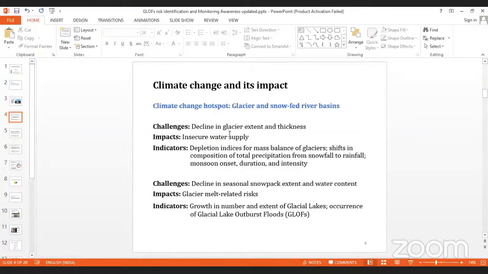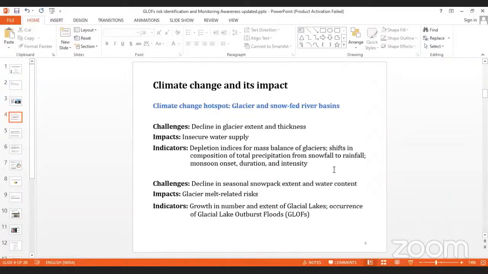That is one main challenge, and the indicators for it are depletion indices for the mass balance of glaciers, then shifts in the composition of total precipitation from snowfall to rainfall, and the monsoon onset, duration, and intensity. These are the main indicators by which we can find out what the challenges are.